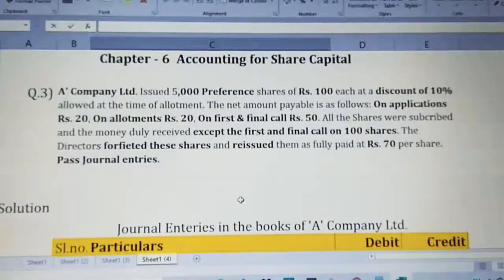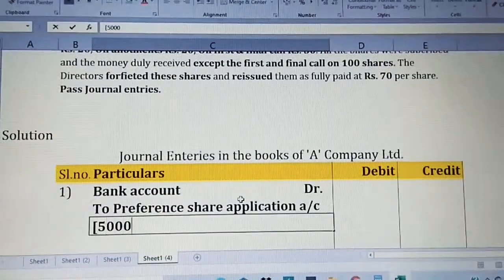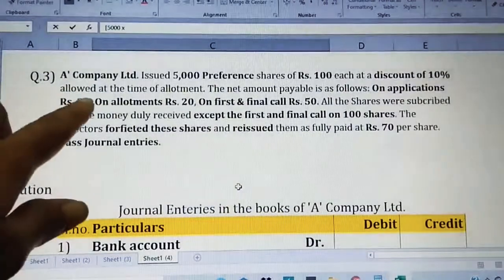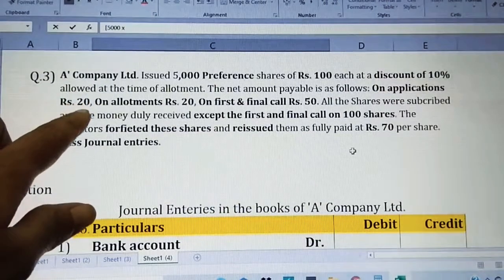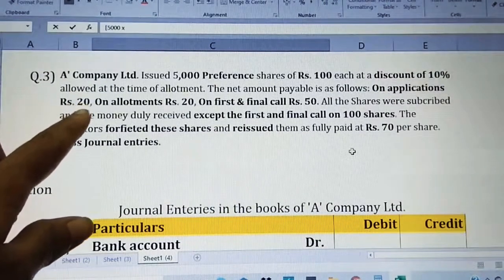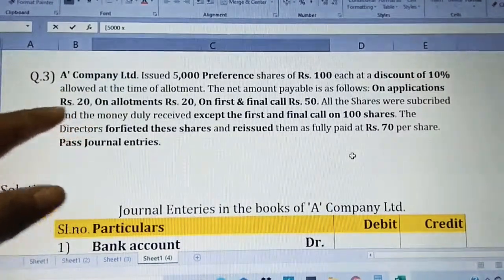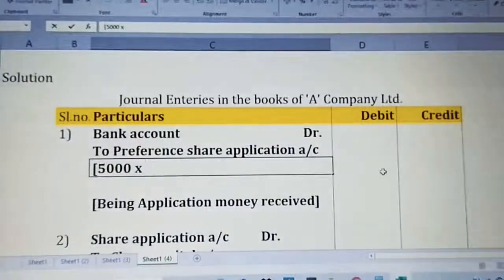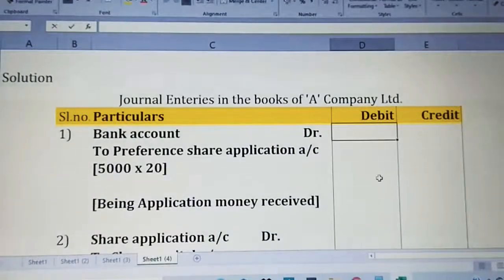So what is the number of shares given in the question? 5,000 at rupees 20 at the time of application. 20 for application, 20 for allotment. So 5,000 into 20 gives us 1 lakh.